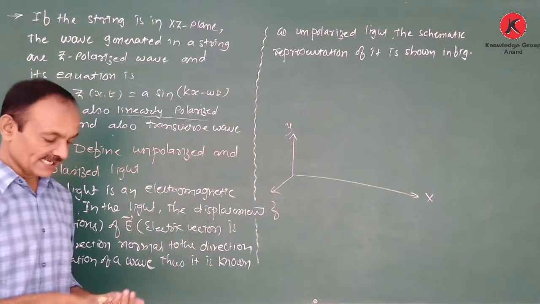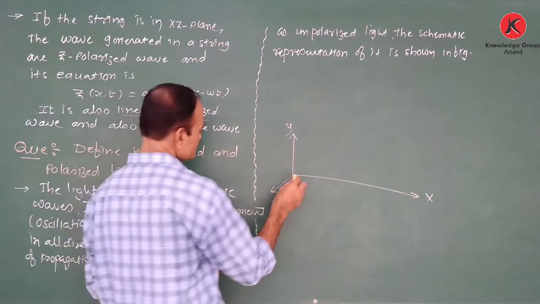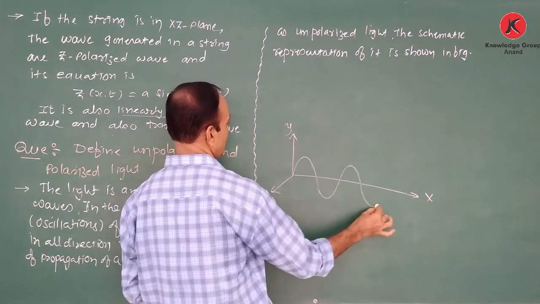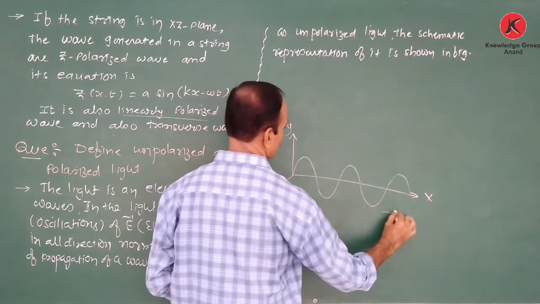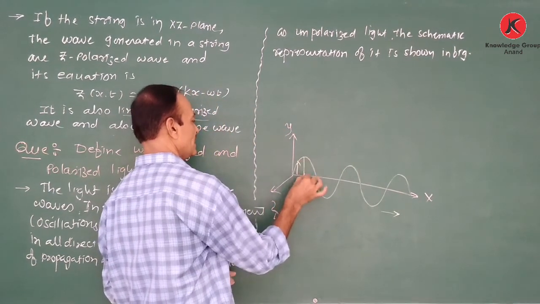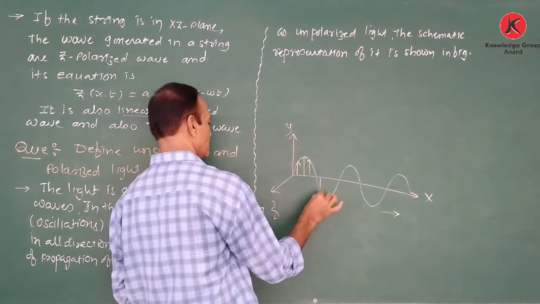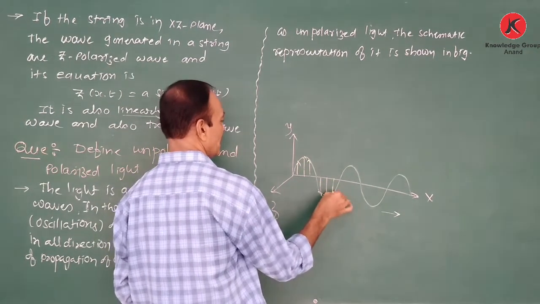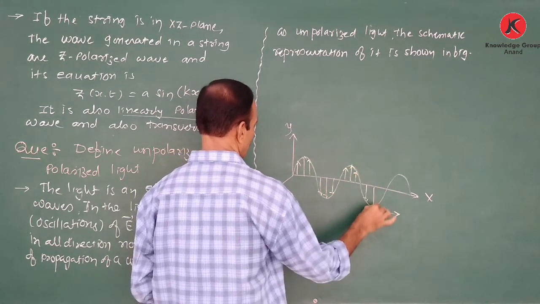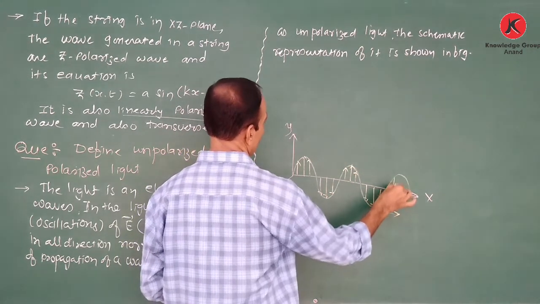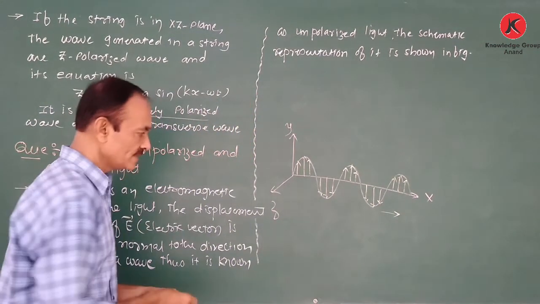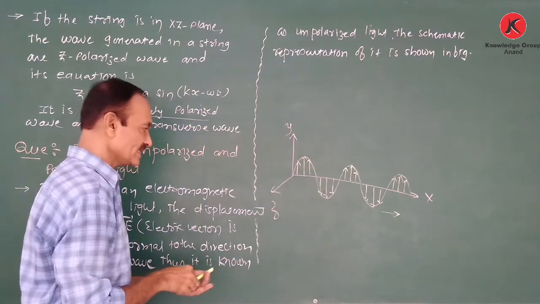The electric field vector oscillates in this way, X is the direction of propagation. The electric field vector oscillates along the Y direction, in a straight line, while the magnetic field component oscillates along the Z direction.